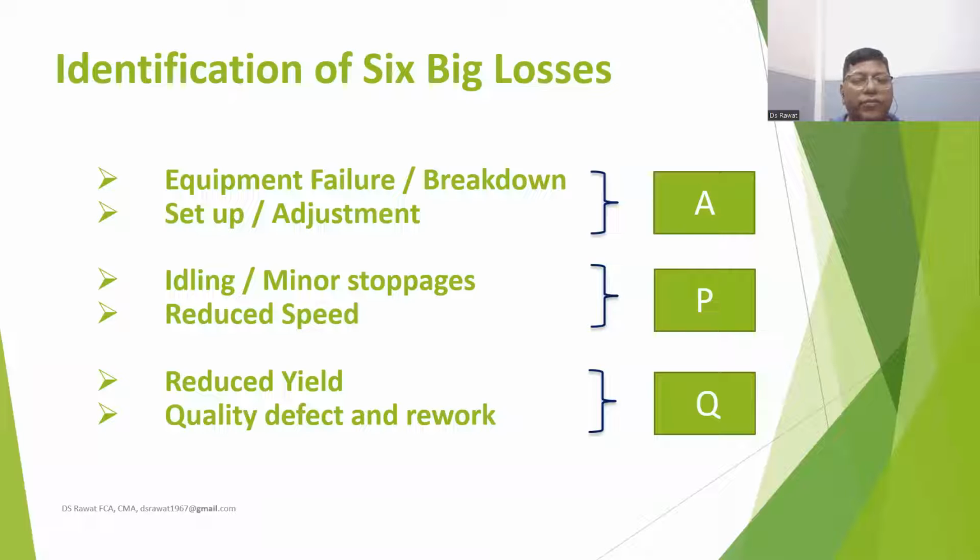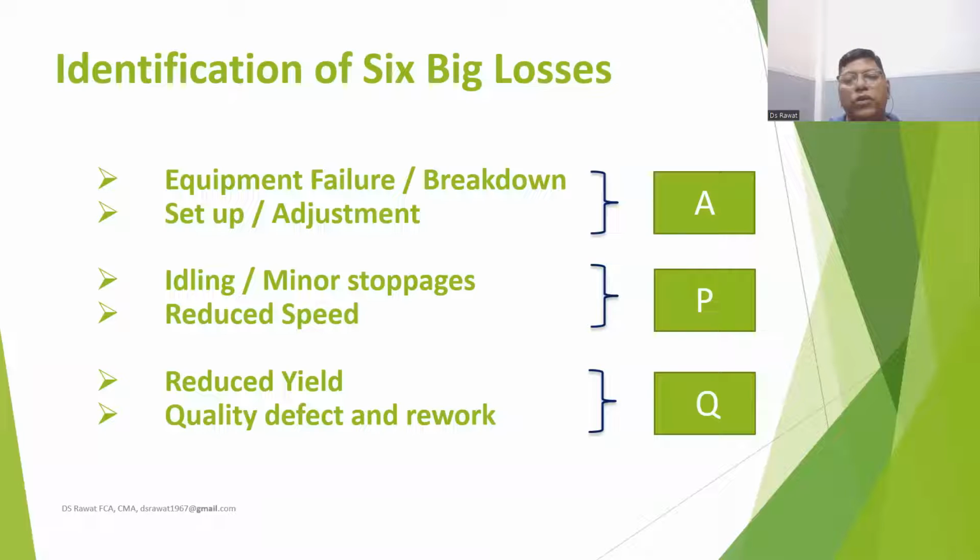This is the standard speed, but actually it is running at 250. Then it is running lower than the standard speed, and this is impacting performance. And idling and minor stoppage means sometimes some problems appear, and that's why the machine has to be stopped and started again.